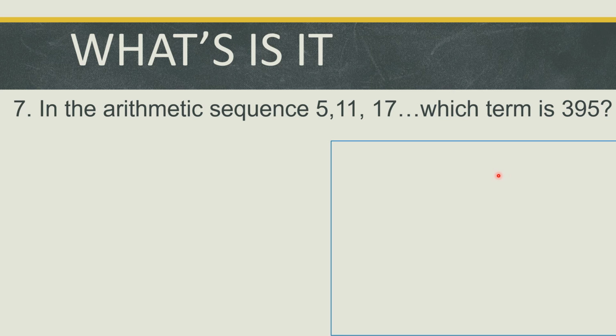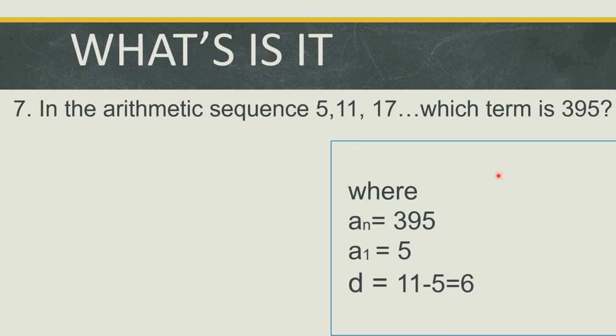So, una nating gagawin, i-identify natin ang mga given, which is a sub n is equal to 395, a sub 1 is 5, or ang ating first term, and ang d natin ay 11 minus 5, which is equal to 6, or second term minus first term, and ang n natin na nawawala dahil hindi natin alam kung pang ilang term ang 395.